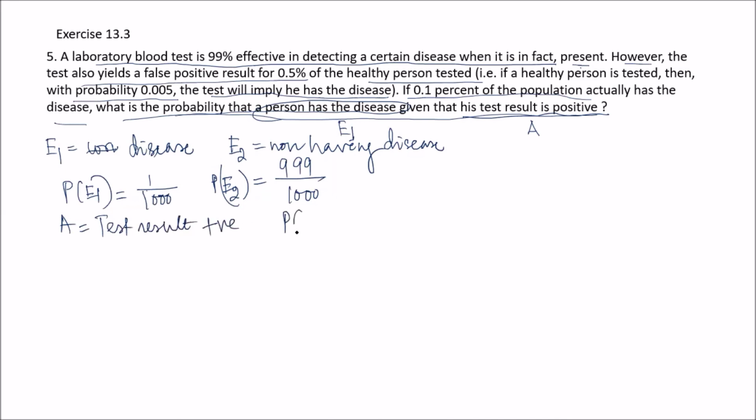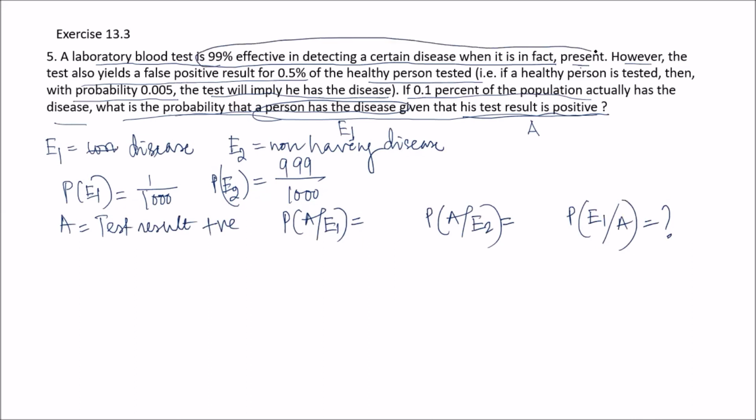Now we'll find A by E1. We'll find A given E2. And the question is, what is the probability of disease given that the result is positive? This is asked. We will read the question again and fill here. First, the blood test is 99% effective in detecting if the disease is present.